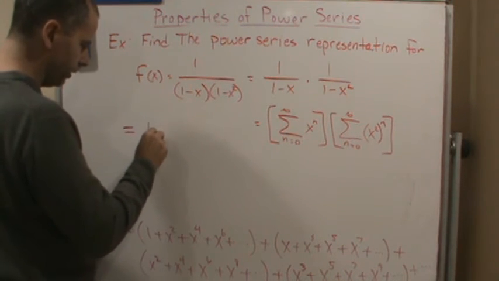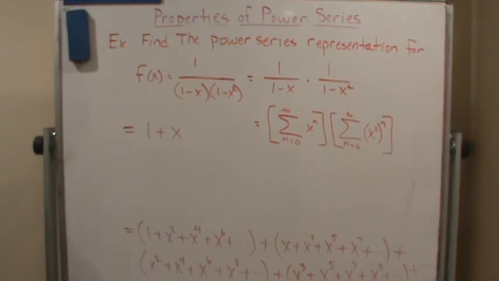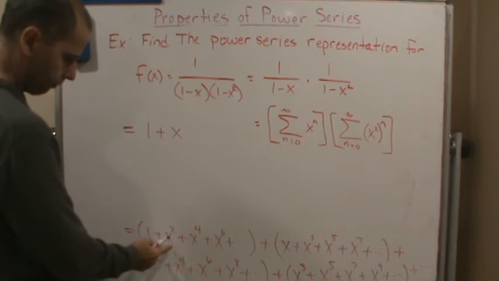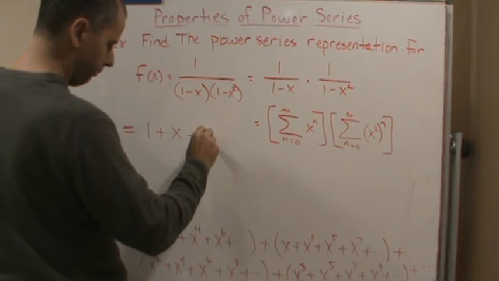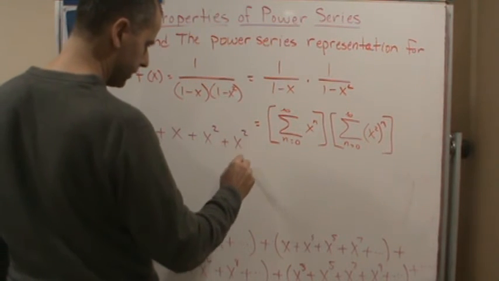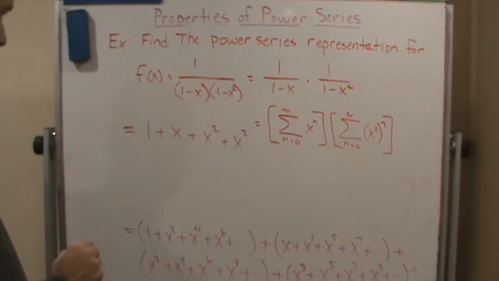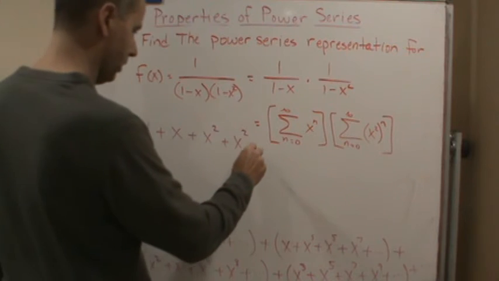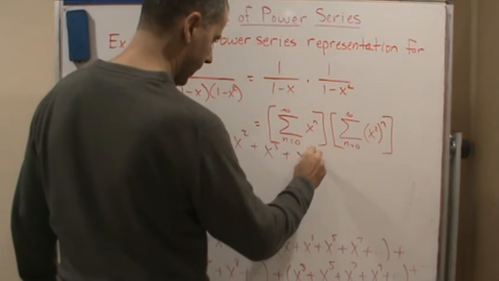So what I'm going to end up with is something like this. I'm going to have 1 plus x, plus x squared plus x squared, plus x cubed plus x cubed.